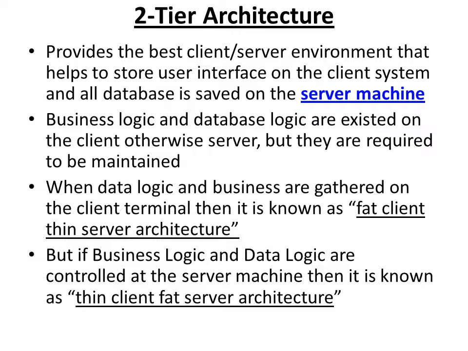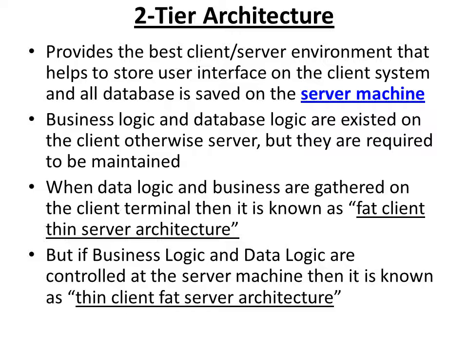Now coming to two tier architecture, it provides the best client server environment that helps to store the user interface on the client system and all the database on the server system. So the user interface is stored in the client system, and the database is stored in the server system in two-tier architecture.